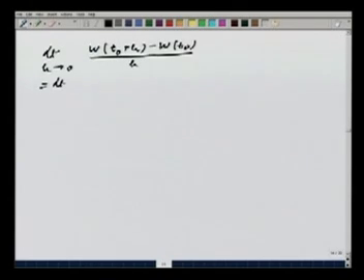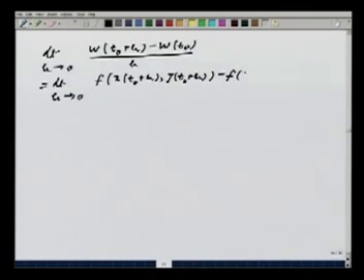That is limit h going to 0, by writing down the definition of the function w, f of (x(t naught plus h), y(t naught plus h)) minus f of (x(t naught), y(t naught)) divided by h.